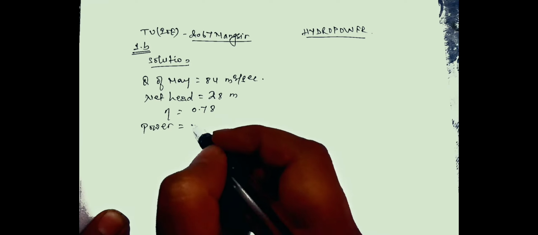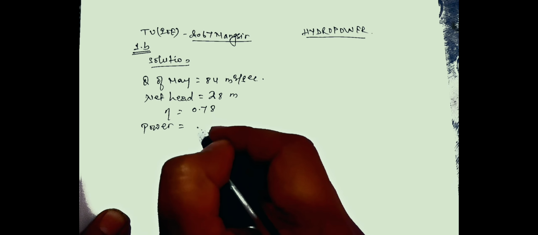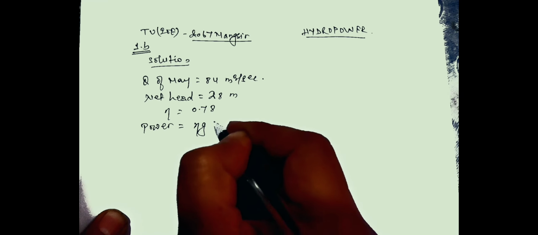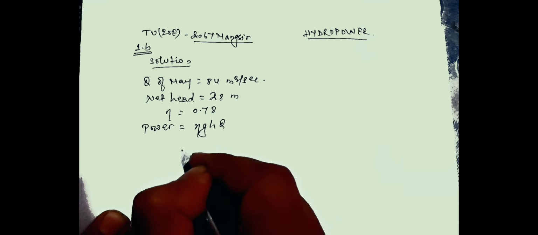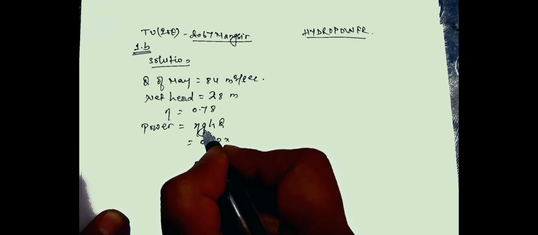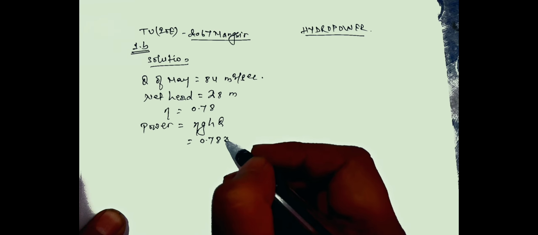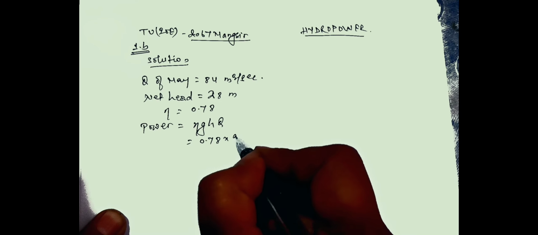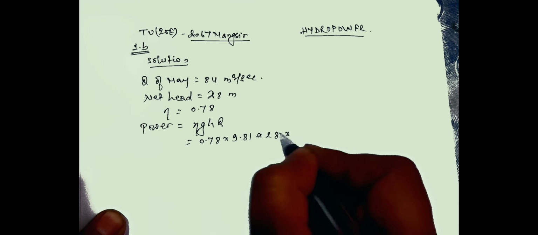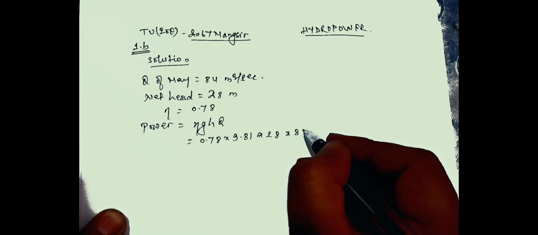Power is equal to efficiency times rho G H Q, which equals: efficiency is given as 0.78, G, acceleration due to gravity, is considered 9.81, head is given as 28 and Q equals 84.